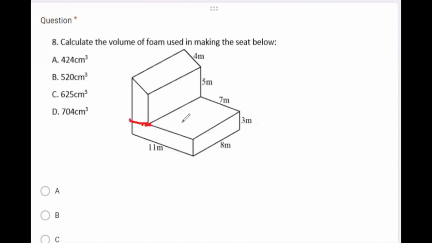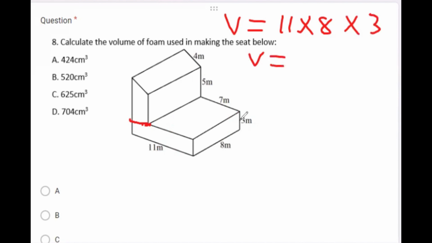If we want to do that, volume of the lower cuboid, that is the base, the dimension is 11 by 8, which is 11 times 8. Then the height of this lower cuboid is this 3, times 3.